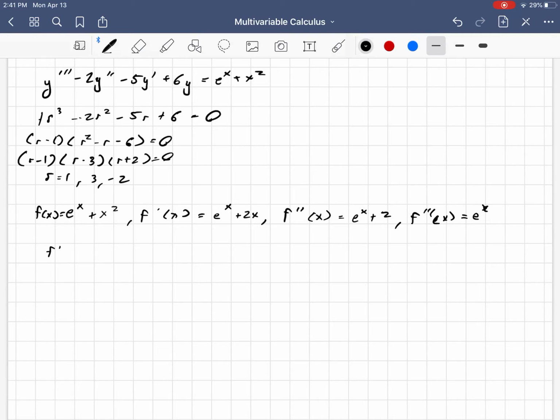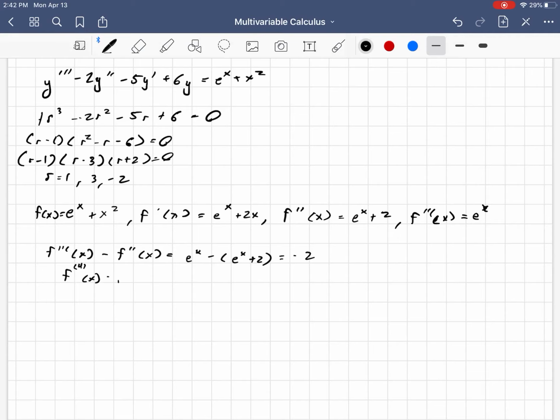So notice now that we want to find the annihilator of e to the x plus x squared. In other words, what differential operator, when we apply it, gives us 0. Notice that f triple prime of x minus f double prime of x is, well, I'll write it out, e to the x minus e to the x minus 2, or plus 2, which is just negative 2.